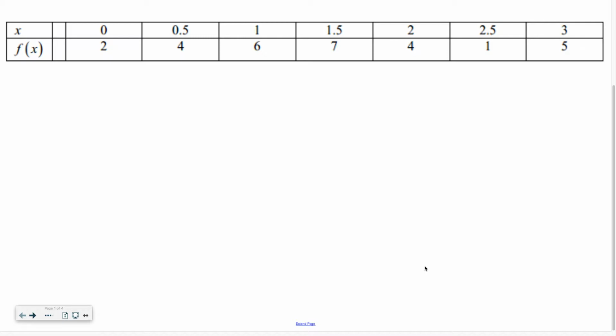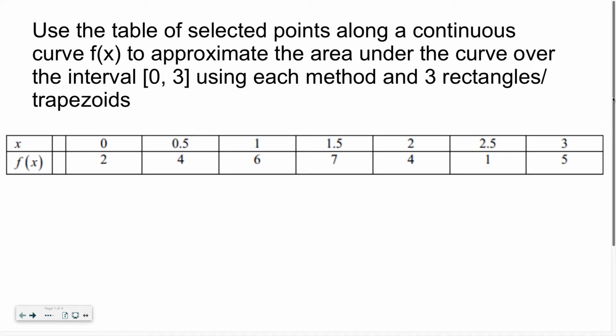Okay, so you have seen us use an equation to get these approximations. In 31, we worked with a graph and a graph only to get our approximations. What happens if we just have numbers? I've given you an interval from 0 to 3, and I want us to use 3 rectangles to approximate the area.